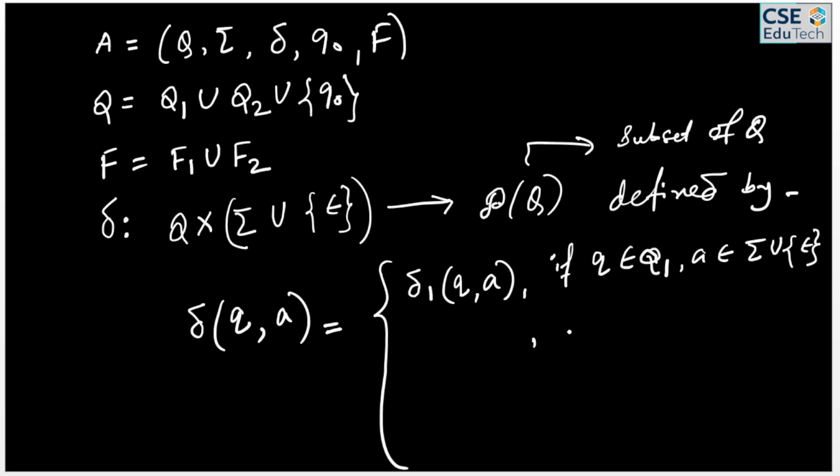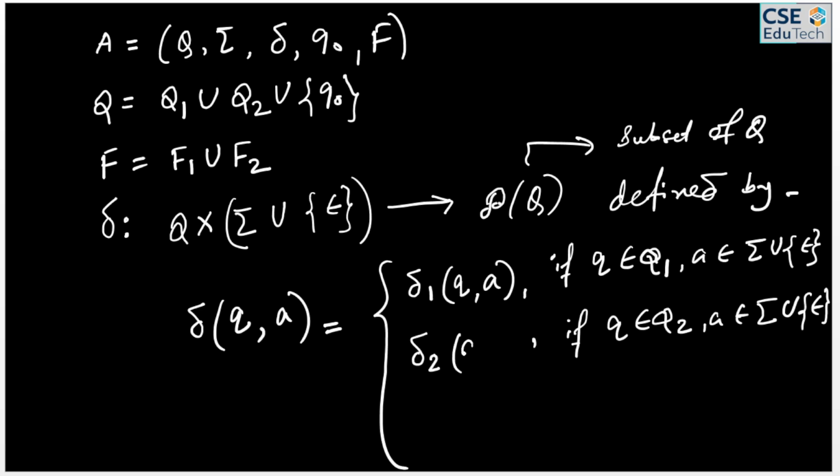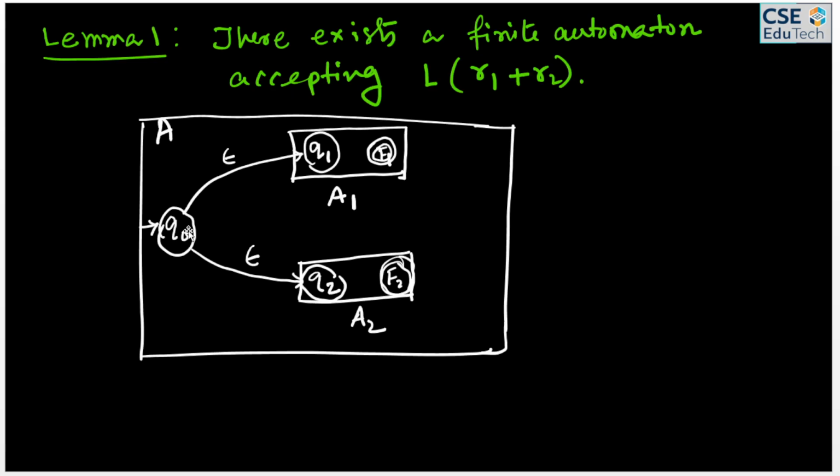Now what happens if Q belongs to Q2, that means automaton A2, and A belongs to sigma union epsilon? It will be delta 2 Q and A. But what happens if Q belongs to Q naught, the initial state here?